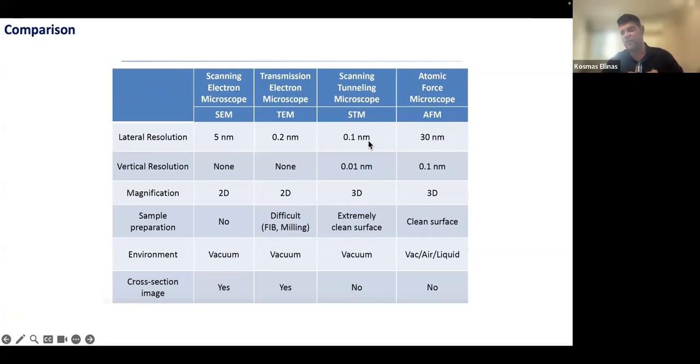If the feature sizes are quite large, then SEM again is the best tool. But if you have nanoscale features, it is probably better to go with AFM. And of course, it depends on what type of image you want to extract, if it is 2D, 3D, etc.